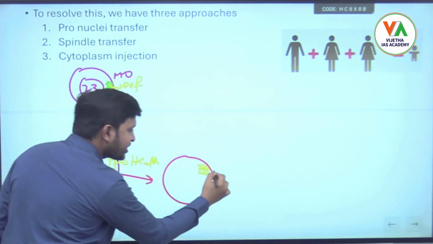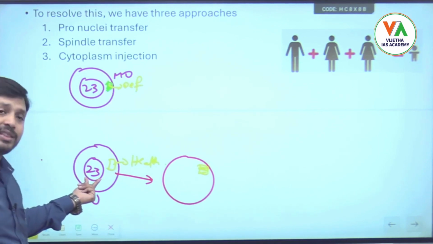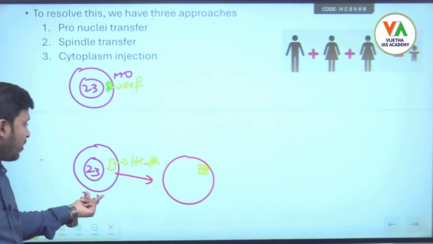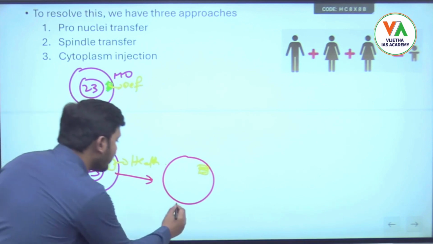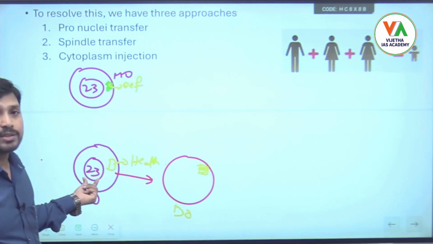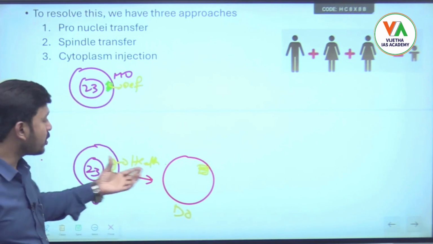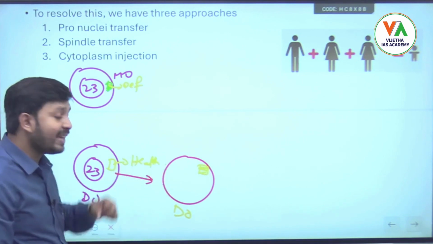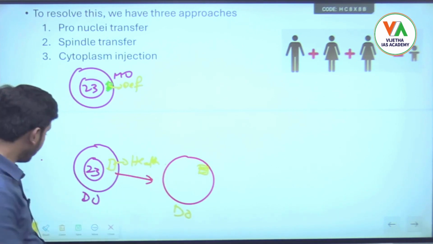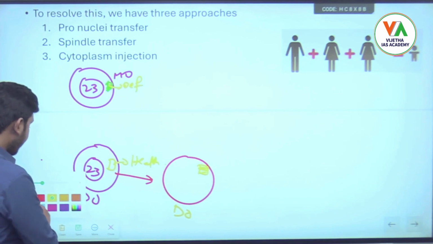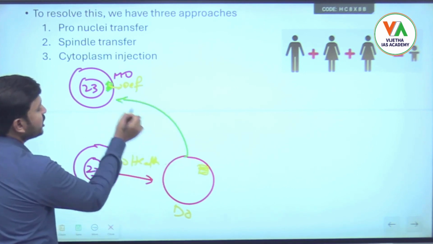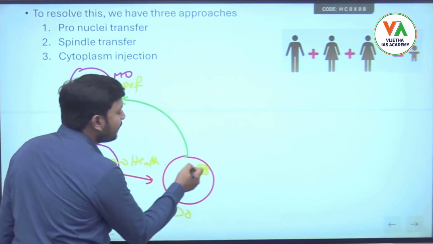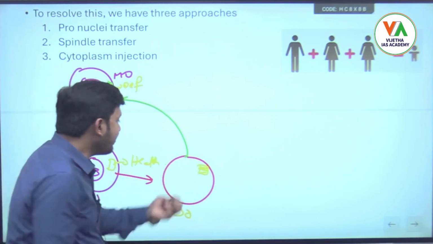So this is the structure of discarding this chromosome, right? From the donor ovum we are removing this nucleus, or these 23 chromosomes, and this entire structure is fused into this one along with the cytoplasm, or we can say I will remove this cytoplasm.